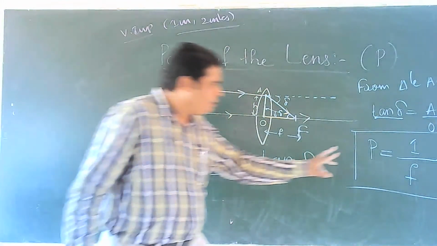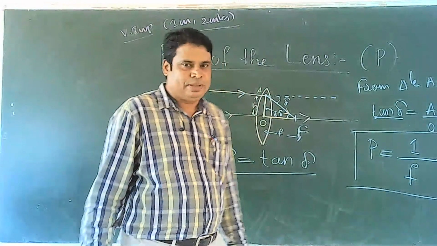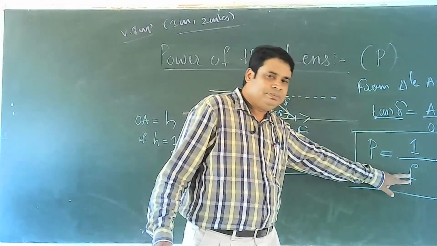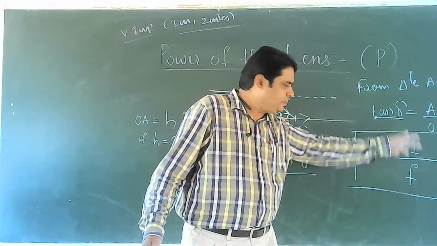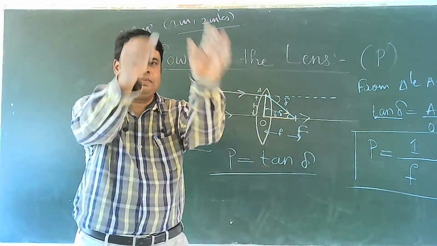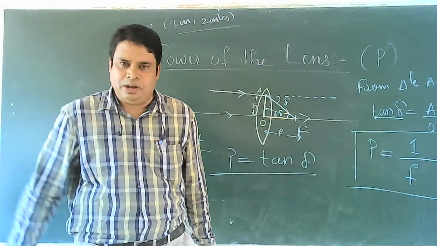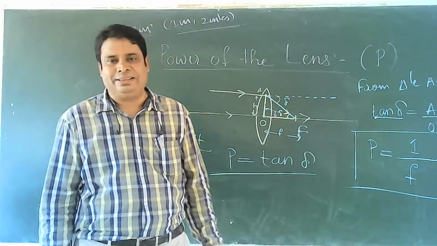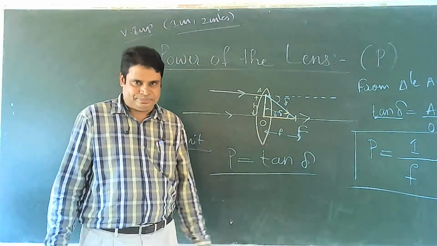Or you can define power of a lens as the reciprocal of focal length of a given lens.